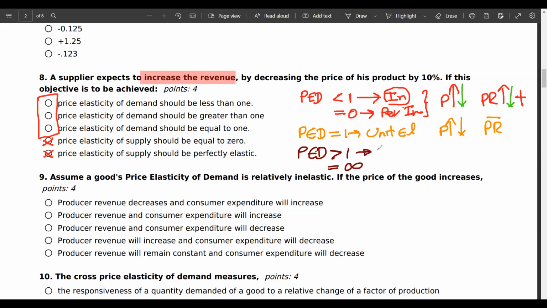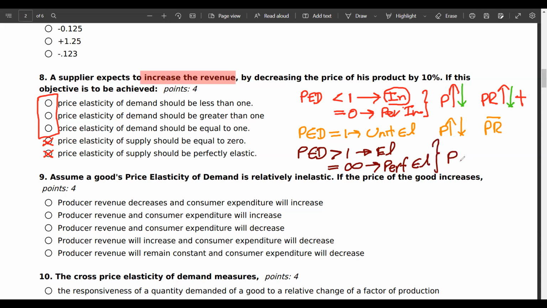So this is relatively elastic, and this is perfectly elastic.